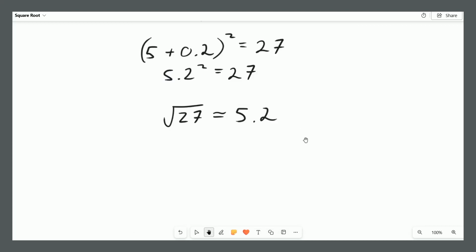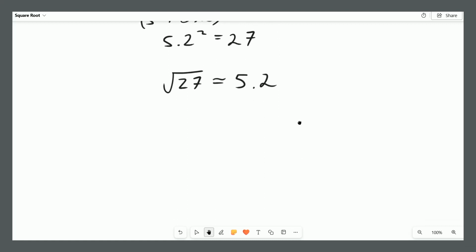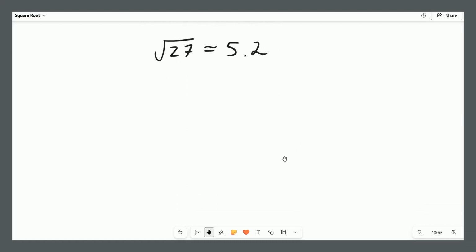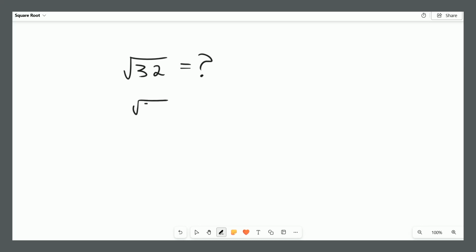Now, what if we have to subtract epsilon instead of add it? Let's say we want to know what's the square root of 32. Okay, well, we know that the square root of 36 is 6. The square root of 25 is 5.